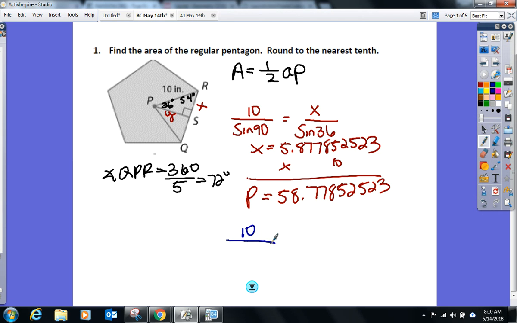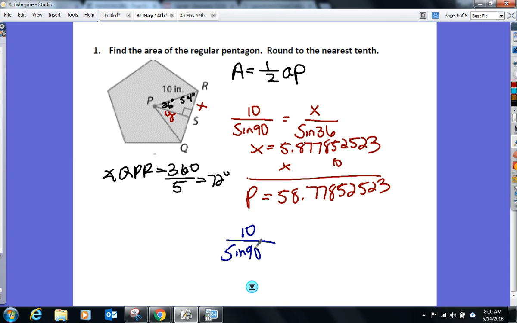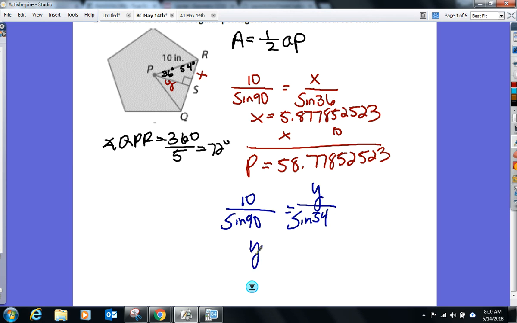Okay, 10 over sine 90. Yep. Nice job, over sine 54. Again, you could have used sine, you could have used cosine to find Y. And that should have ended up being 8.090169944.